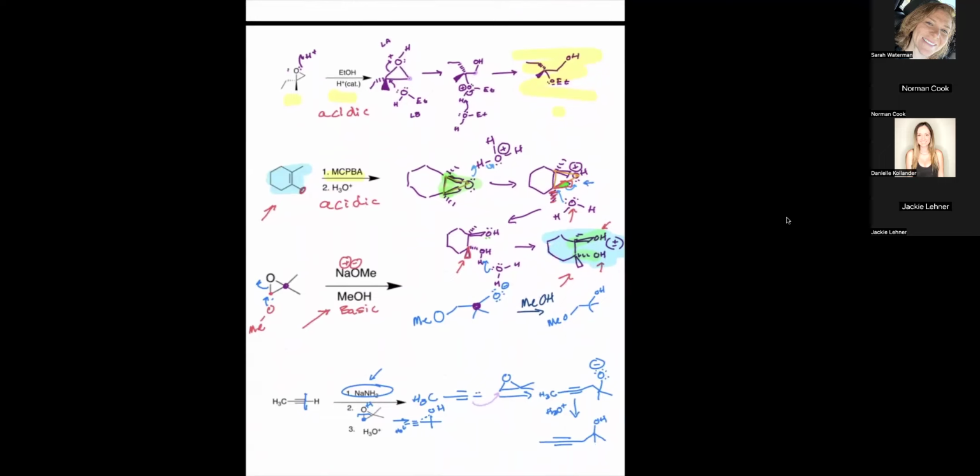Yeah, so first you're making, so this is in an acidic condition. So this is literally an acidic condition, right? Like H3O plus is acidic.